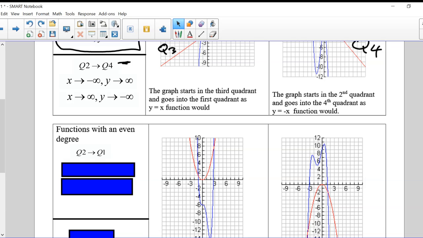Now, I also want you to try to describe this in terms of end behavior using as x tends towards minus infinity, and so on. Let's see if anybody can help me out. As x tends towards minus infinity, what's my y doing for this function? We've got Q2 to Q1, and that makes sense. But my question now is, as I move to the left, what's my y doing?